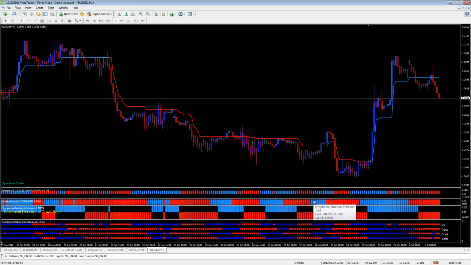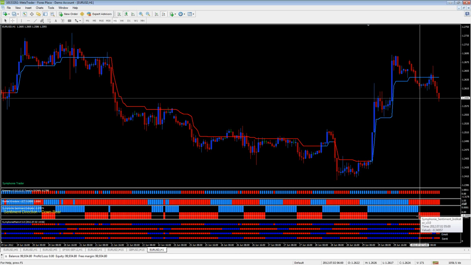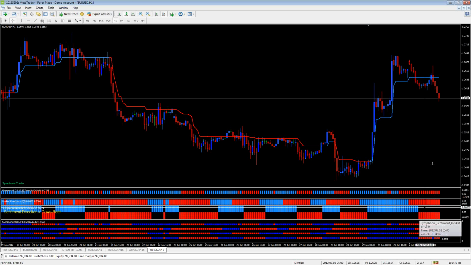So it's the most lagging indicator, but again, according to this trading strategy, you must have all indicators in line, or lining up together, to take the signal.